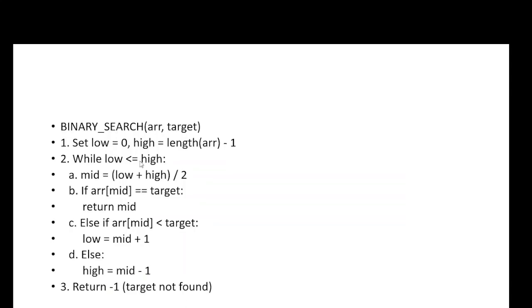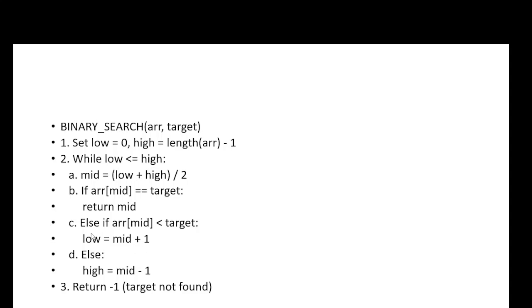As long as low is less than or equal to high, we continue. We calculate the middle element and check if the middle element is what we are looking for. Otherwise, I change the low and the high. If my middle element is less than the target, that is, let's say my middle element is 16 and I'm looking for 23, I change the low value to mid plus 1. Otherwise, I change high to mid minus 1.